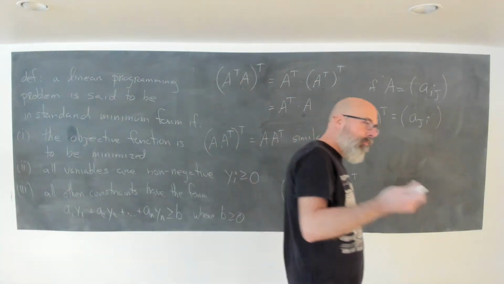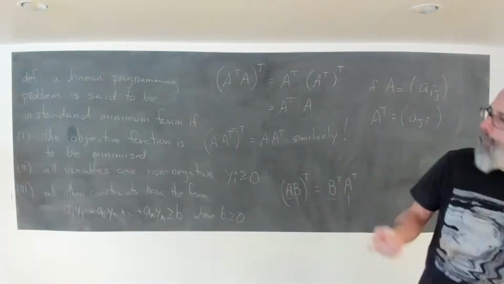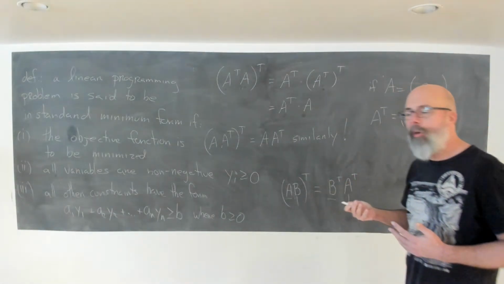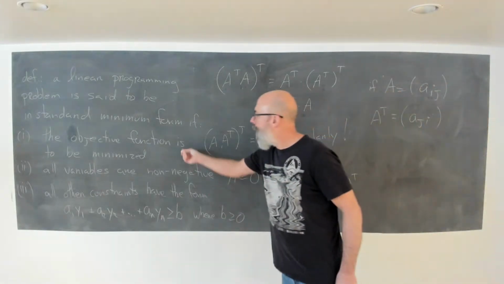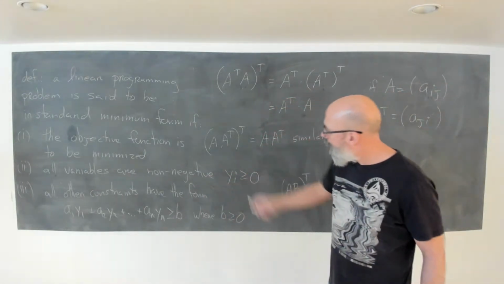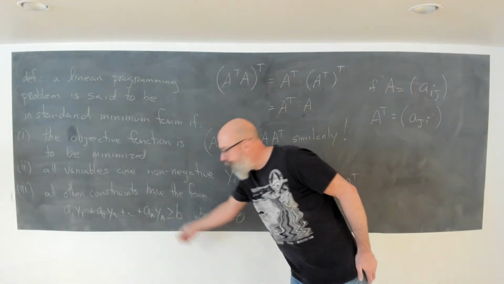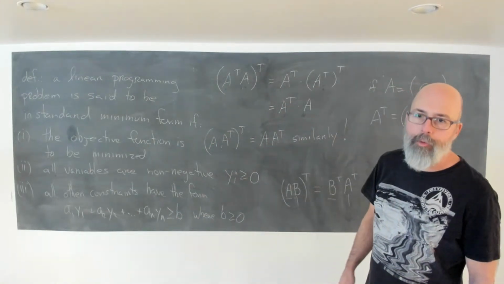So, essentially the same as the standard maximum problem, but the exact opposite. You're minimizing, variables are still non-negative, and the inequalities are going the other way.